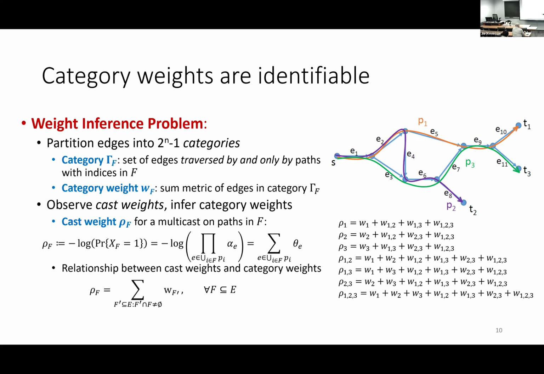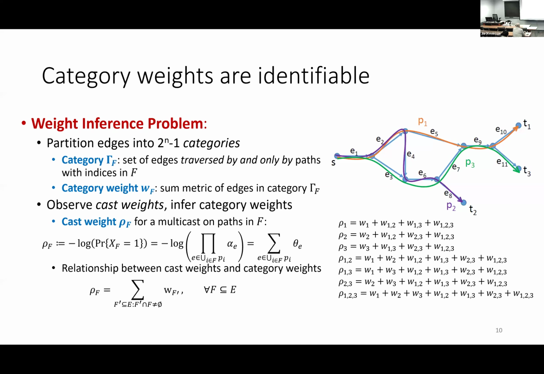That total weight is equal to the summation of all the link weights for links traversed by path 1 only, all the link weights traversed by path 2 only, and all the link weights traversed by either path 1 or path 2 and some of the other paths. Because it's a union, I can do the summation, since by definition the links in different categories must be disjoint sets, and therefore I can just add up the additive metric.